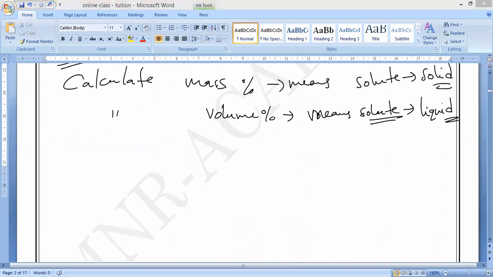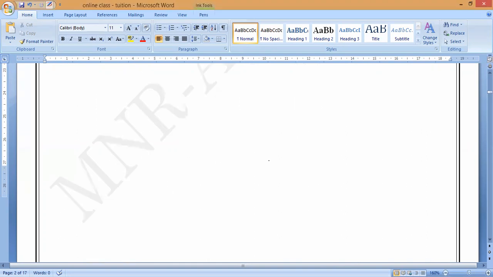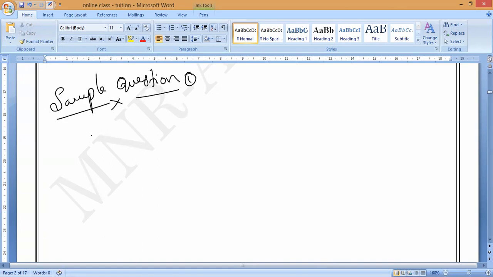Sample question 1. A solution contains 50 ml of alcohol mixed with 150 ml of water.